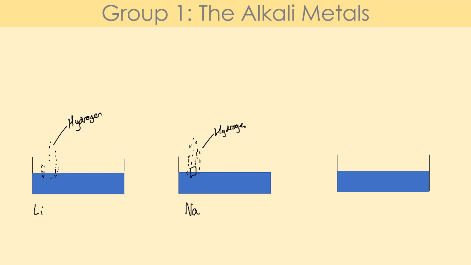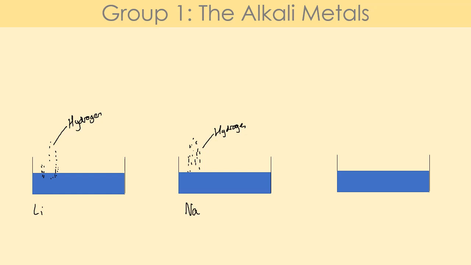And rather strangely, with sodium, instead of staying as a square or whatever shape we cut it into, it very quickly turns into a ball. It turns into a round shape and whizzes around the container. And again, eventually, it disappears. It's completely reacted, and we're left with our sodium hydroxide.